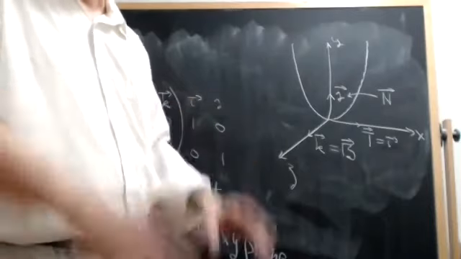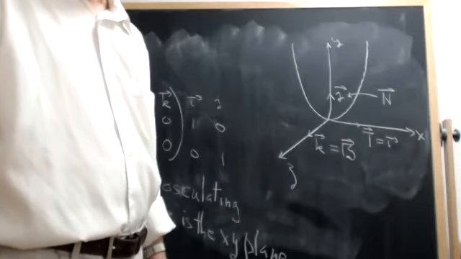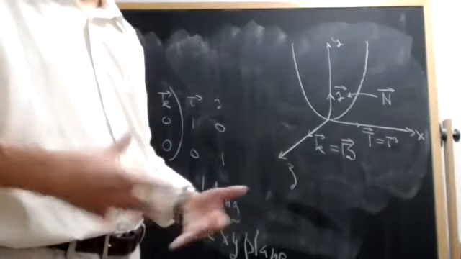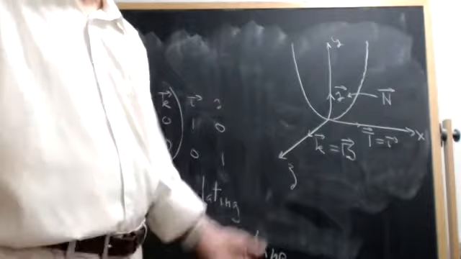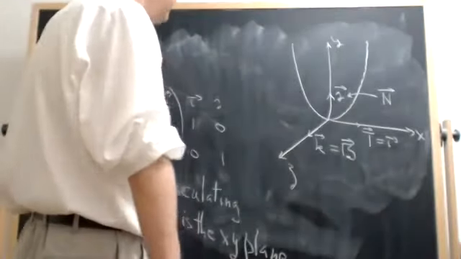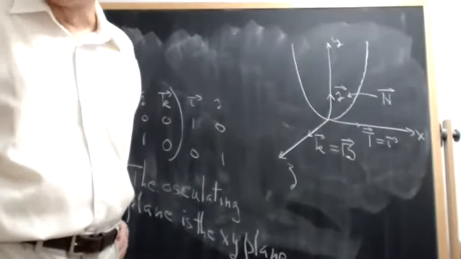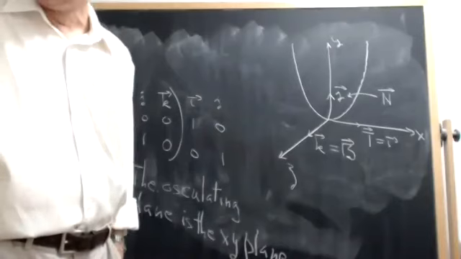That's what osculating means. It has a romantic meaning also, which I'm not going to tell you. Well, it's in the book. You can have a look at it.